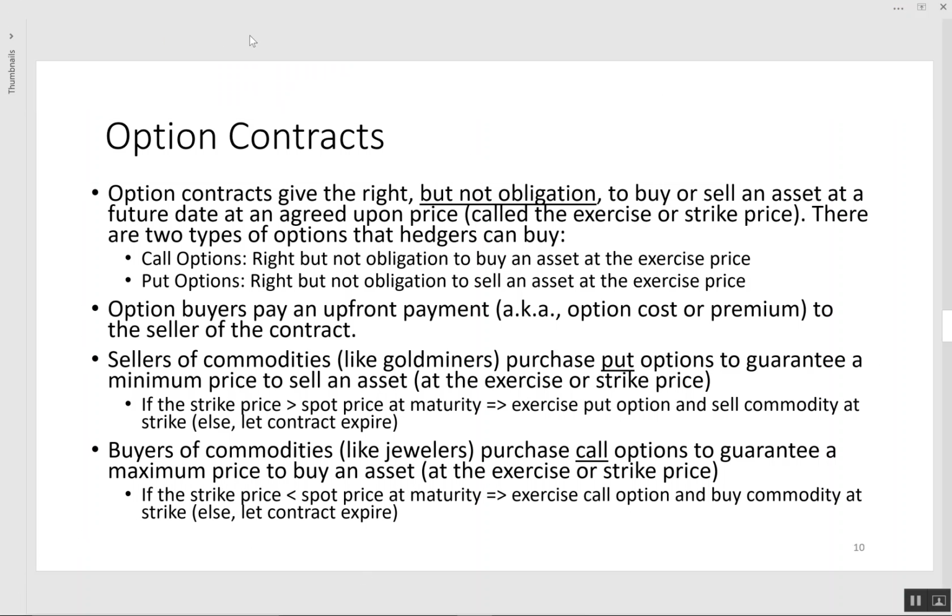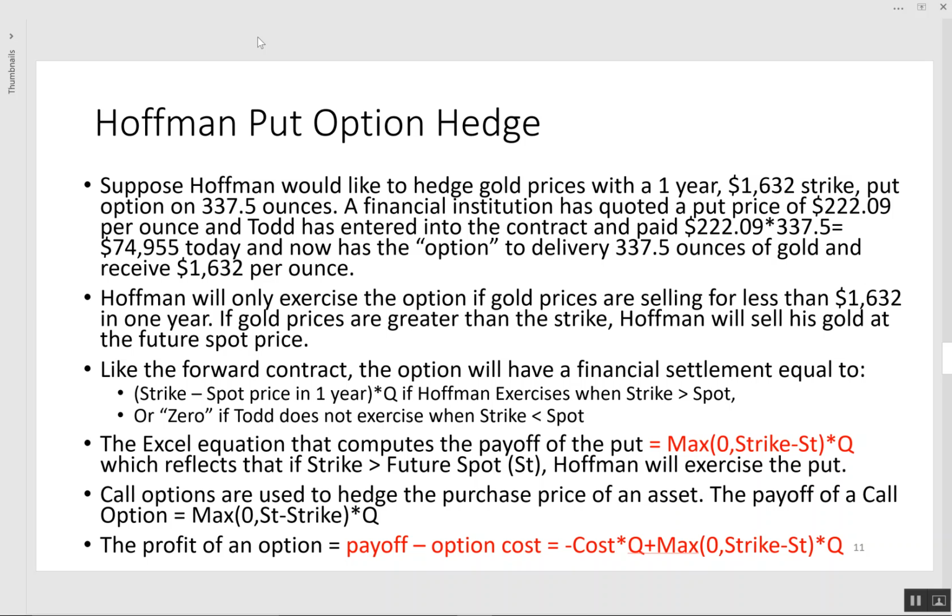Now we can model the payoffs for this just like we modeled the forward payoffs. So remember, to model the payoff for Todd, he's going to enter into a put option to sell 337.5 ounces of gold at 1632, the strike price.